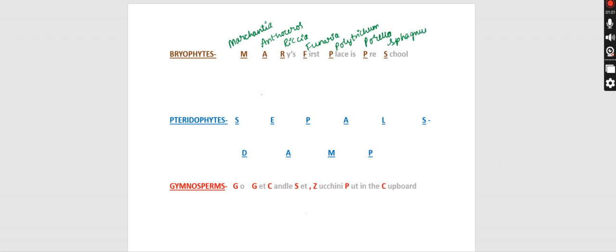So Marchantia, Anthoceros, Riccia, Funaria, Polytrichum, Porella, Sphagnum. All these are examples of bryophytes.